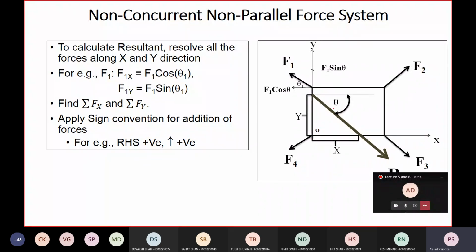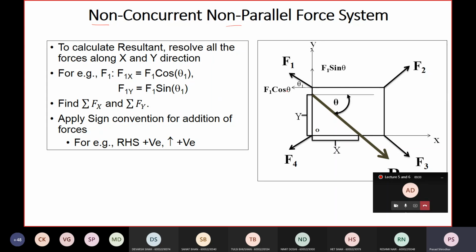In such a system, the lines of action of all the forces do not intersect at a single point.